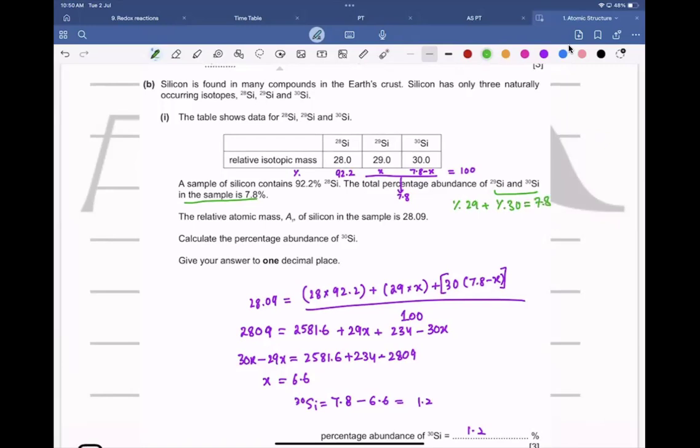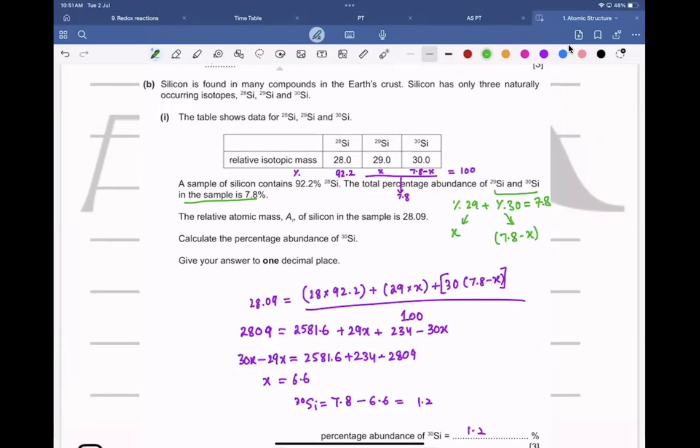Yes. So it means if I consider its percentage x, then the other percentage must be 7.8 minus x, as we do one is x and the other one is 100 minus x.